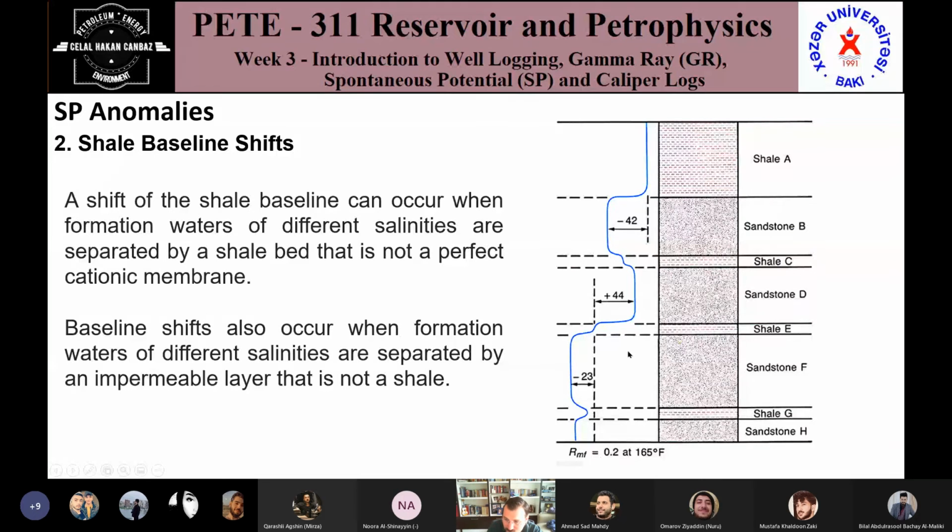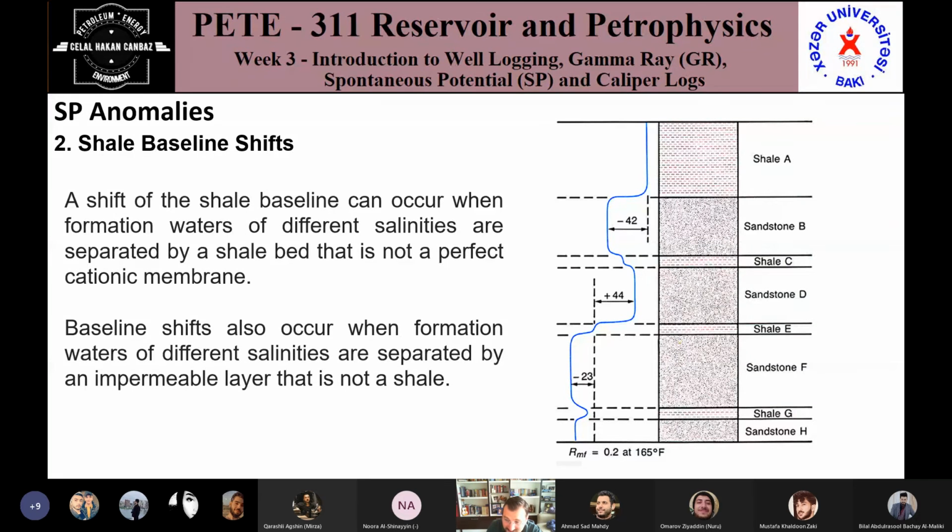So baseline shifts also occur when formation waters of different salinities are separated by an impermeable layer, which is not shale. In this case, the spontaneous potential curve shows little or no variation at the level of change in salinity.